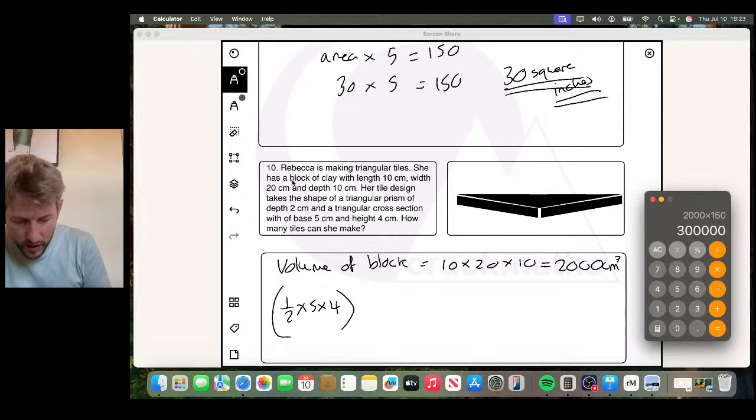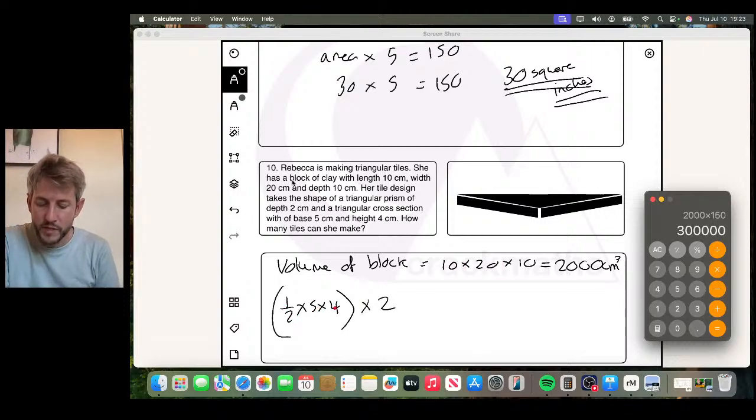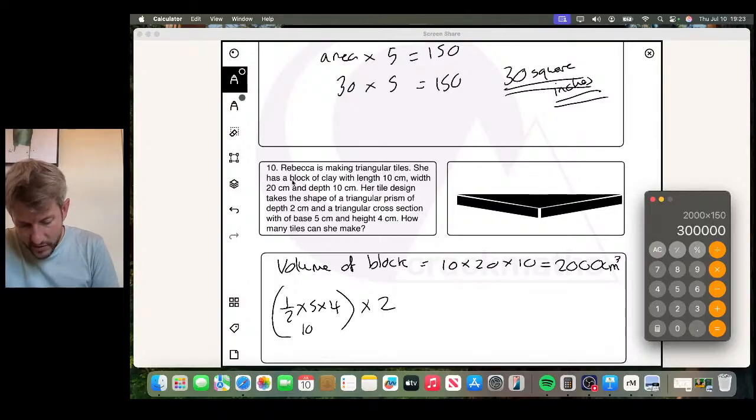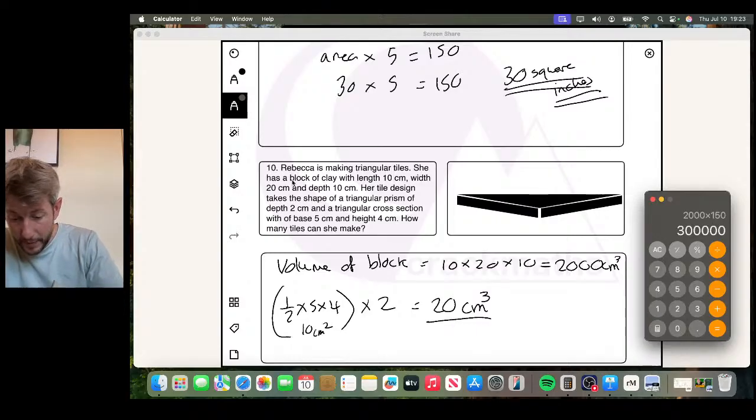Okay, and then we're going to have to times that by the depth. Okay, so a half times 4 is 2, 2 times 5 is 10. So the area of the triangle is 10 centimeters squared. And then if we times that by 2, we get 20 centimeters cubed. So 20 centimeters cubed per tile.